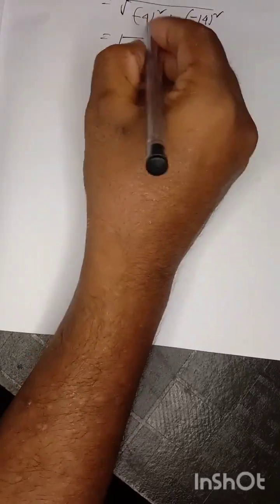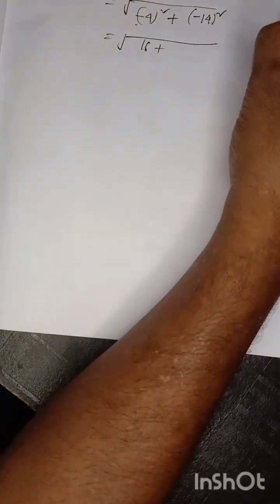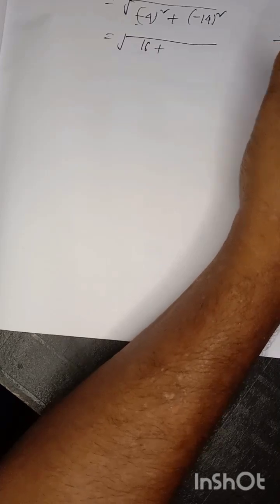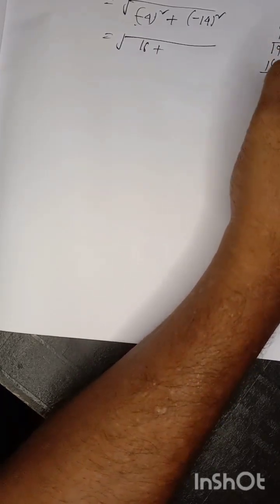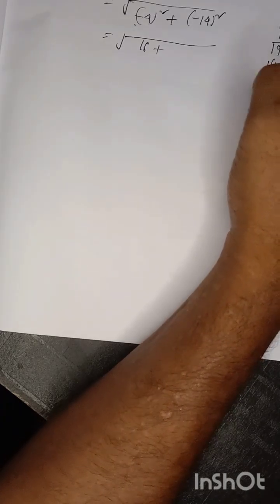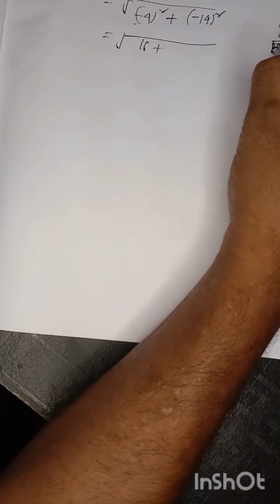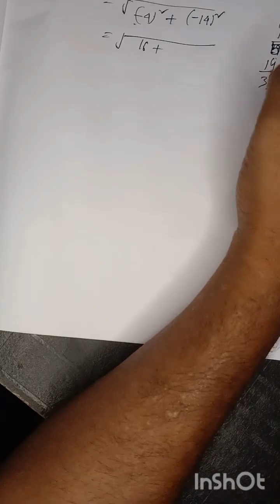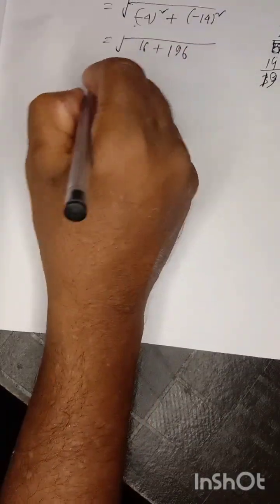So 4 4s are 16, and minus minus becomes plus, then 14 14s how much? 196.